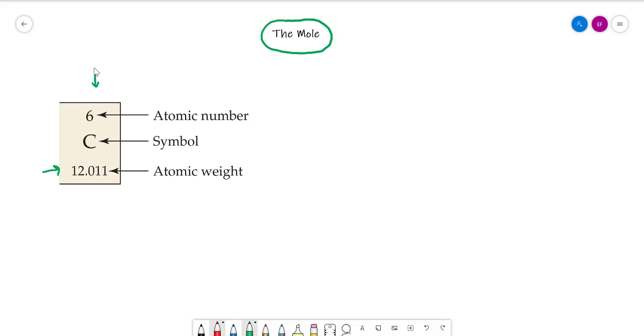If you've taken a chemistry class before, you've learned about the mole. I'm going to talk about that in greater detail. If you remember from the very first mini lecture, the mole is actually the base SI unit for the amount of a substance. When we're talking about the mole, we're talking about a quantity of something. Not a mass of something, but a quantity. How many of those things?